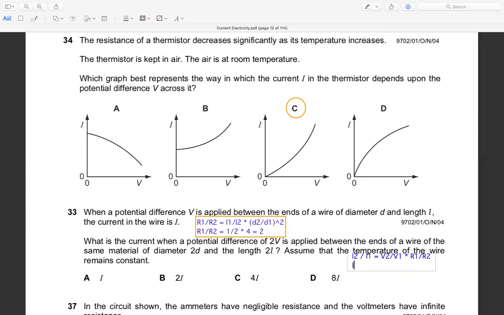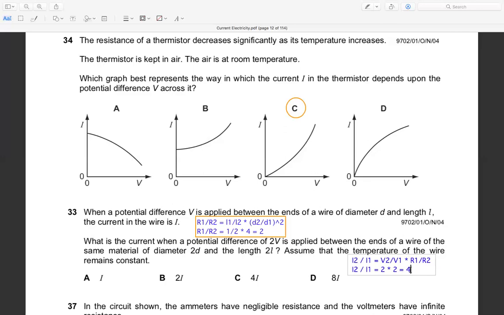So I2 divided by I1 equals V2 over V1, which is 2, times R1 over R2, which is 2. So 2 times 2 equals 4.